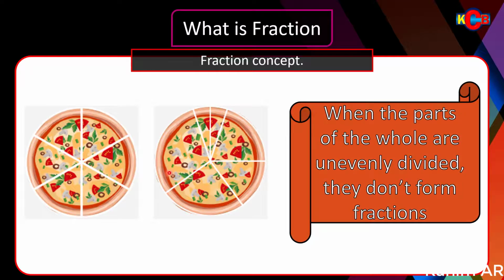As you can see, we are unable to determine the fraction for a slice of pizza here because the pizza is sliced unevenly. For fractions, when the parts of the whole are unevenly divided, they don't form fractions. So, the pizza on the right is not a fraction.